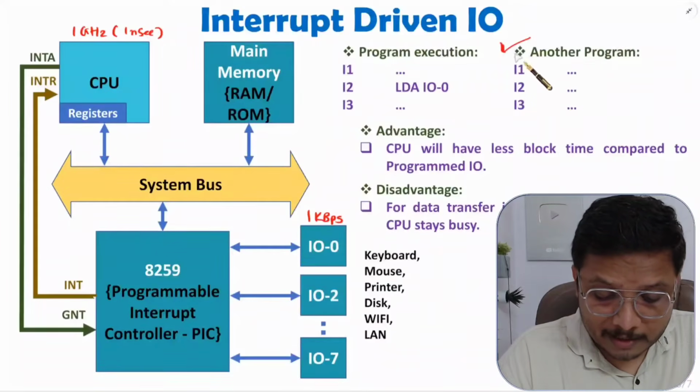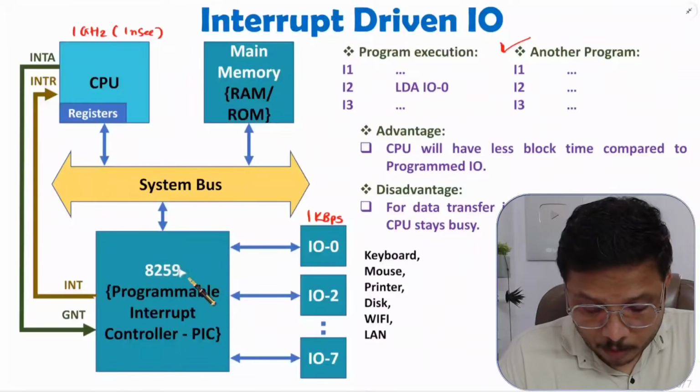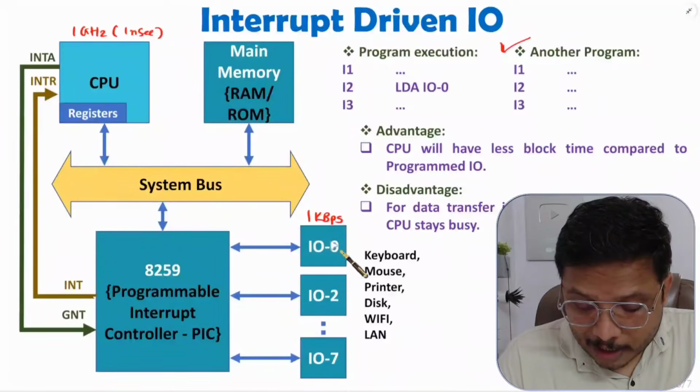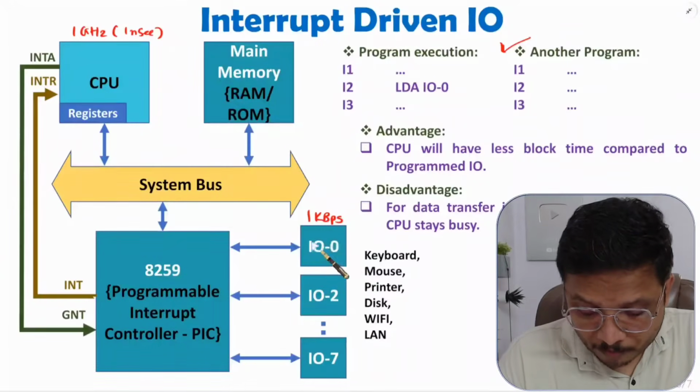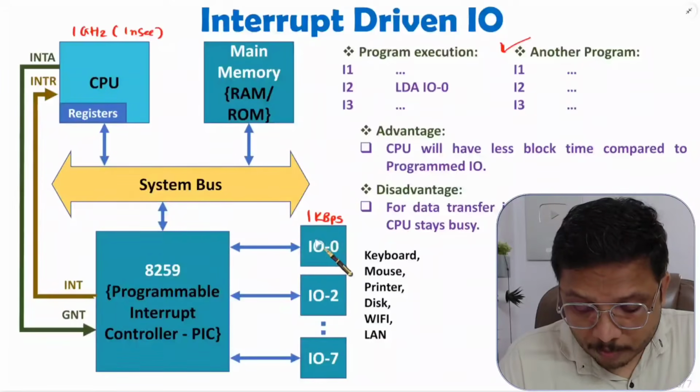While it is executing the other program, the 8259 IC tells this IO port to give data. First it sends a request to this IO port.